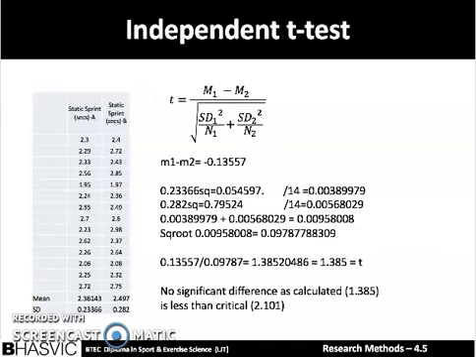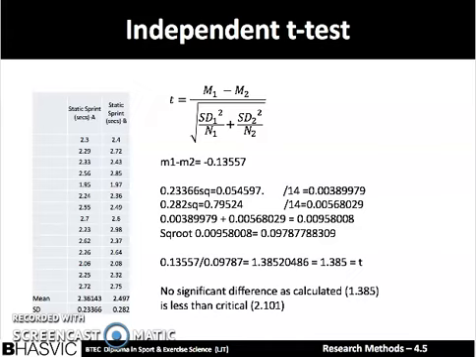We've got a worked example here, and this is based on static sprint between two different groups: static sprint scores for group A and static sprint scores for group B. You have the raw data there for both of those groups, and then I've established the mean for each. The mean for group A is 2.36143, and for group B the mean was 2.497.